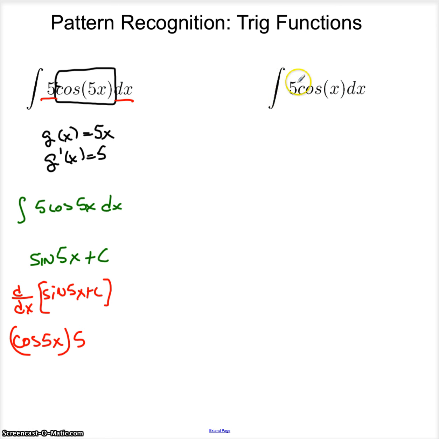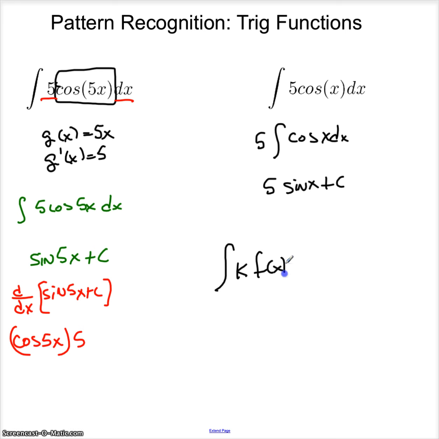As a matter of fact, this is a constant. You know you can pull this constant out, times the integral of cosine x dx. All right, and this is just a regular integral. So this is 5, and the integral of cosine is sine. This is the constant multiple rule. Pretty much, if I have k times f of x dx, that's going to be the same thing as k times the integral of f of x dx.